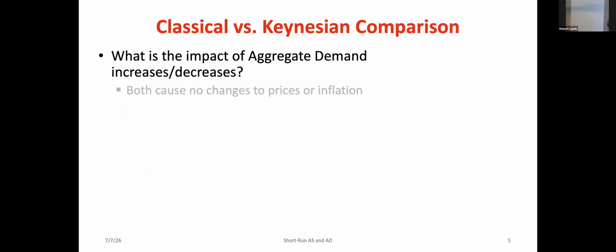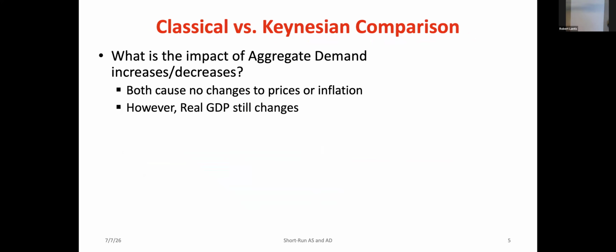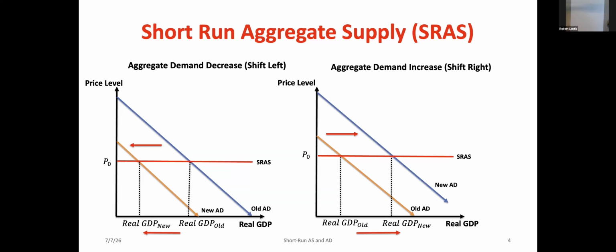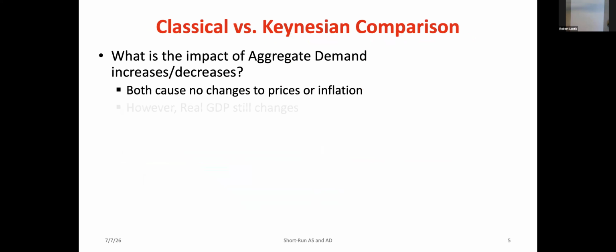So let's compare and contrast these, right? If I saw aggregate demand increases or decreases, the Keynesian model predicts there's no change in prices, or prices aren't able to update immediately. What is that going to do? It's going to cause real GDP changes. Well, remember, in the long run classical model, we said there was no change in real GDP, right?